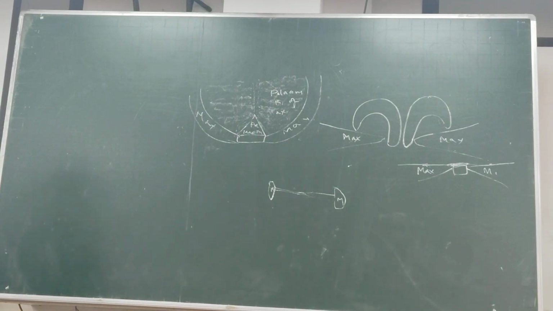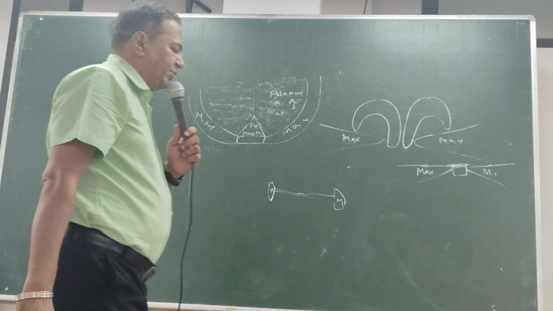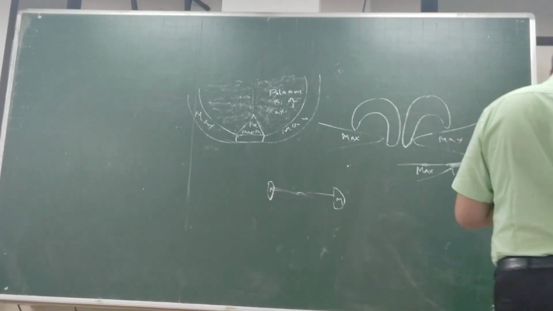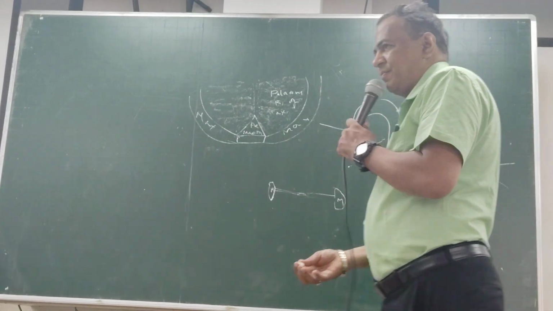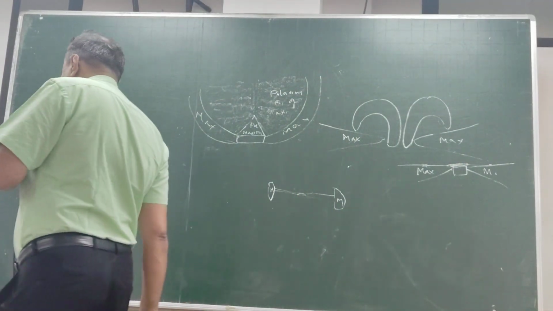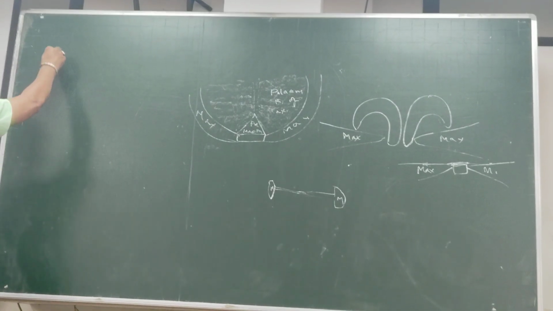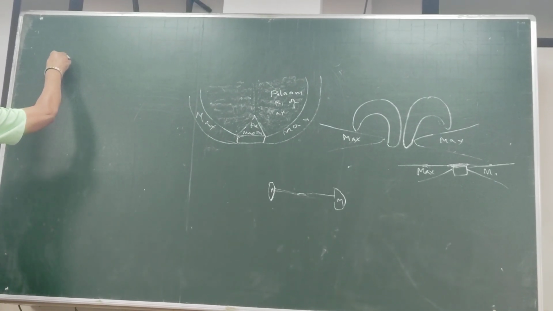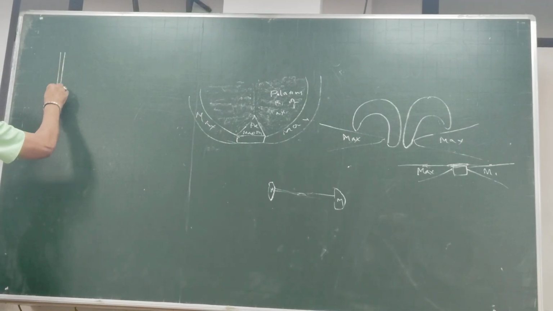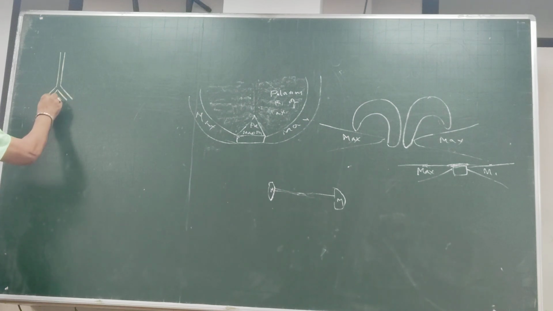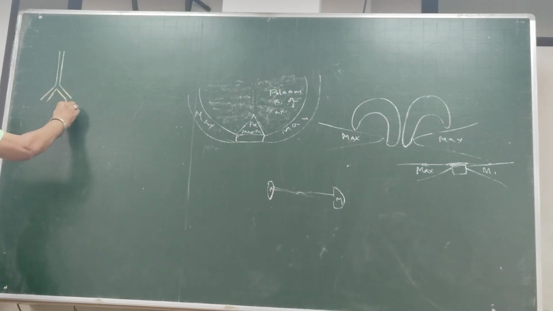Now there are multiple possibilities that can happen here. One, that these two palatine processes fail to fuse with each other, and they fail to fuse with the premaxilla.